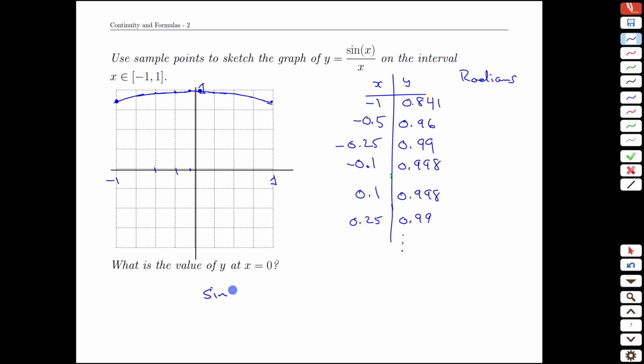Well, the best way to do that is to plug in the value and see what we get. And that is going to be 0 over 0, and that is definitely undefined. I can't do any calculation with 0 and get a real number back, and so we would have to say our y value is undefined there.